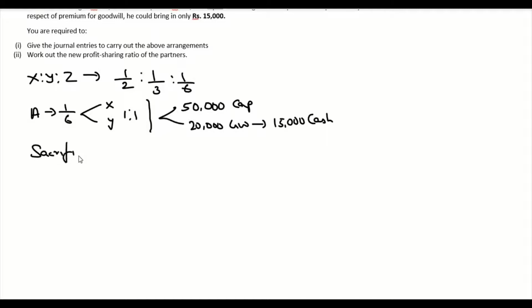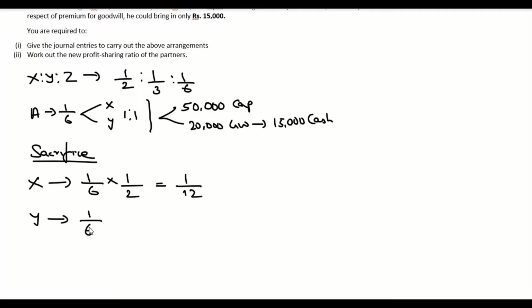So the sacrifice is made by X and Y. X's current share is 1/2, and he sacrificed 1/2 of A's share, which is 1/12. Y's current share is 1/3, and he is sacrificing 1/2, that is 1/12.